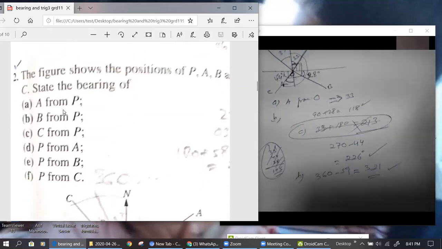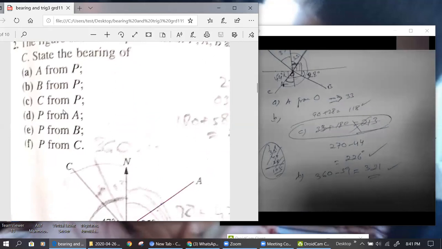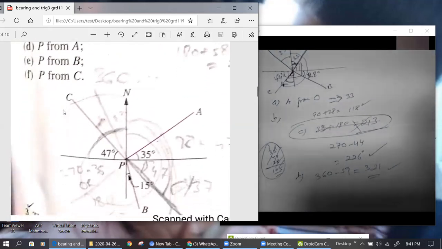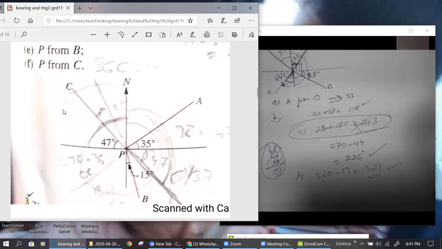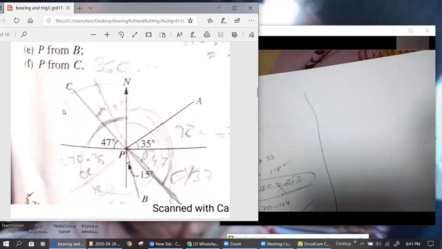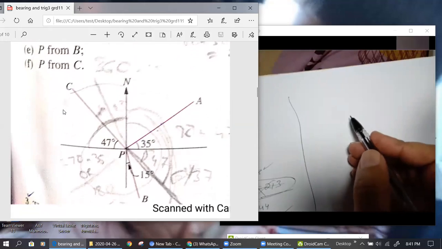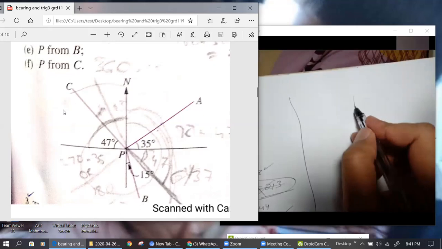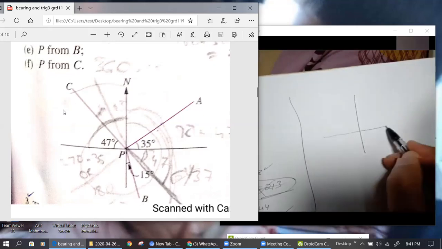Yes, see this question. In this question, these are the things given. First of all, here also I have to write this question again by hand. I write it for you. This is the North-South line, and this is the North Pole. We always go clockwise. 35 is given.